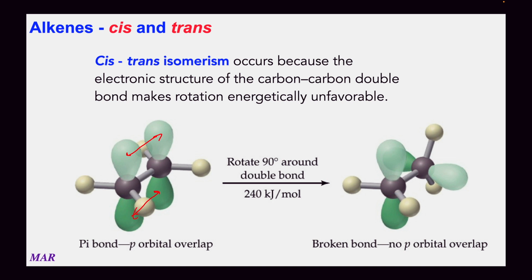Now the sigma is between the carbons, and that's intact on both of them. But if you can apply the 240 kilojoules, you bet you can break it. You can turn cis into trans. But that's not an amount of energy that's normally available at room temperature. So usually cis is stable and trans is stable, and it's difficult to go cis to trans unless you know some kind of reaction way to make that happen.